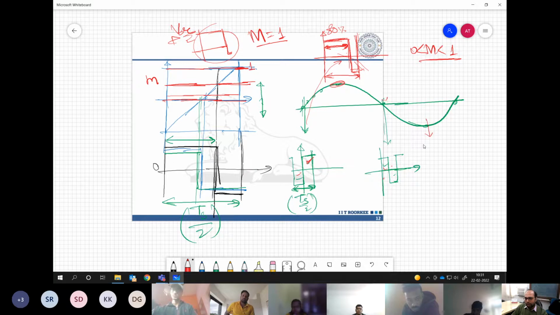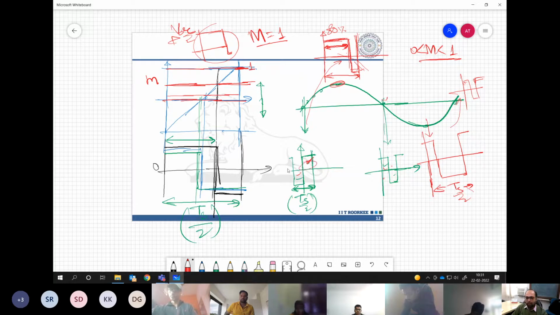Then when you reach the negative peak, the positive will be smaller and the negative will be much wider. And then again it will go back to 50-50. That is how the pulse width will look for the entire cycle.